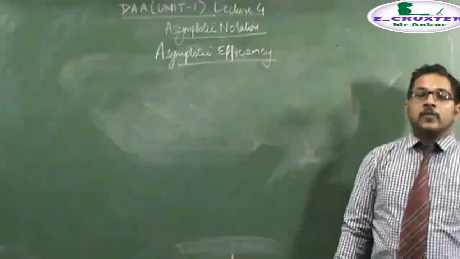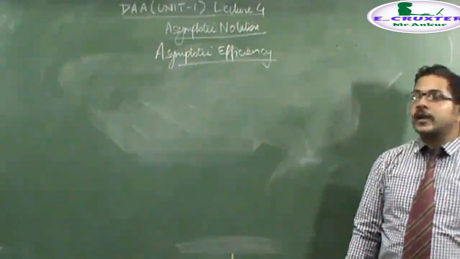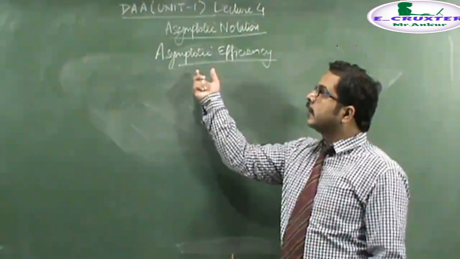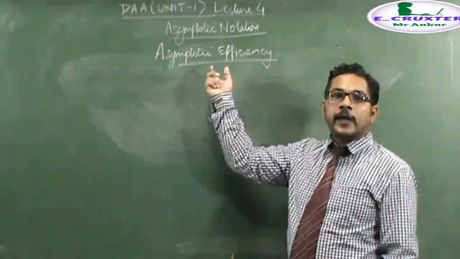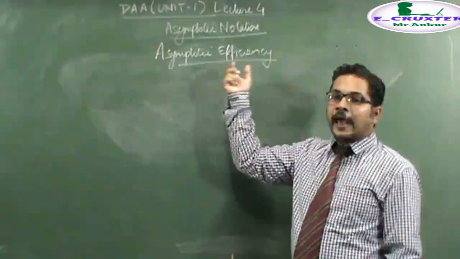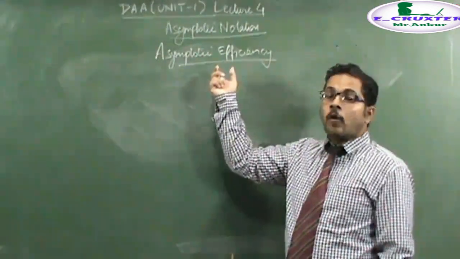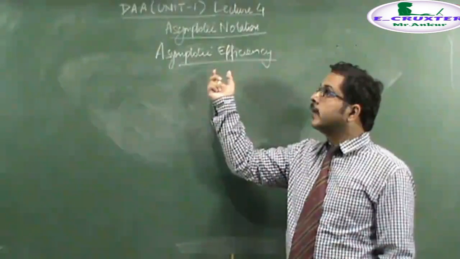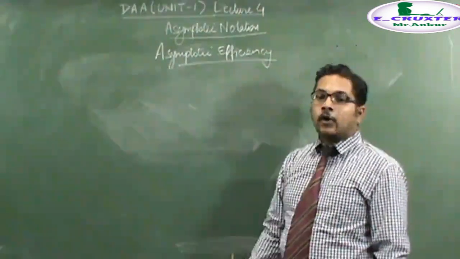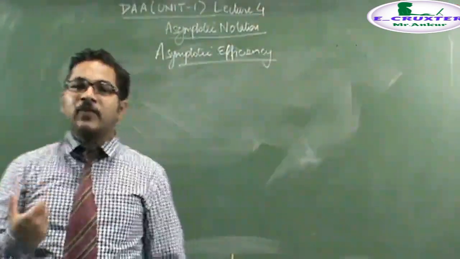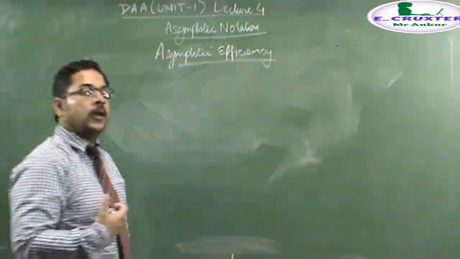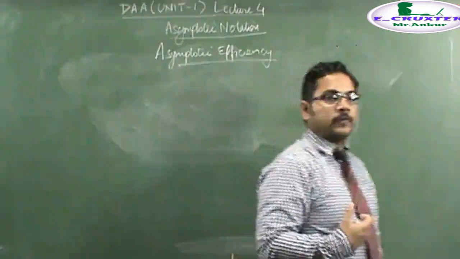That is, we are concerned with how the running time of an algorithm increases with the size of the input in the limit, as the size of the input increases without bound. An algorithm that is asymptotically more efficient will be the best choice for all but very small inputs.